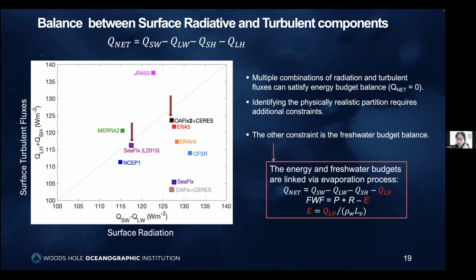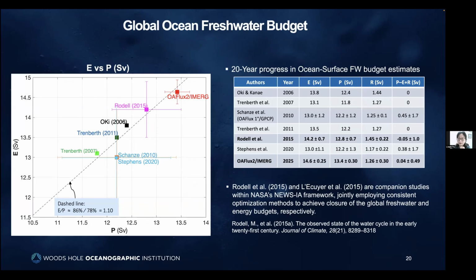The other constraint is the freshwater budget. Because the energy budget and the freshwater cycle budget are linked through the evaporation process. And here's an overview of the global ocean freshwater budget. On the table on the right side, we show those major studies compiled from the past 20 years.